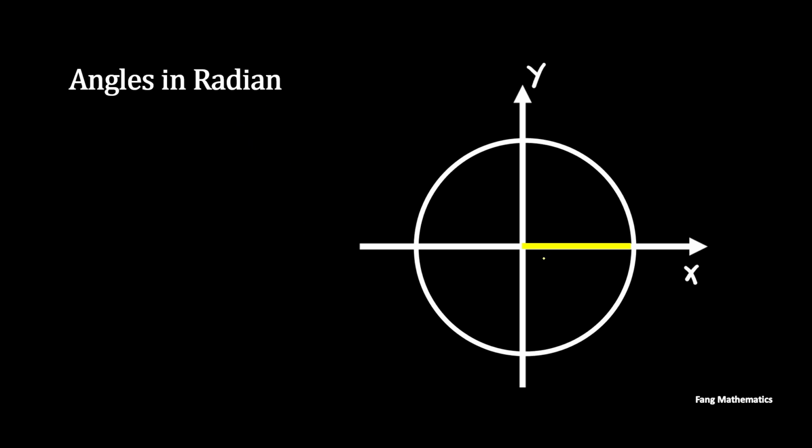We are to take the length of this radius and we are to bend it and wrap it around the circumference. You should see that the length that you wrapped on the circumference is now opposing an angle, and I would like to denote this as theta. Then we say the angle theta that is being opposed by the length of one radius is 1 radian.